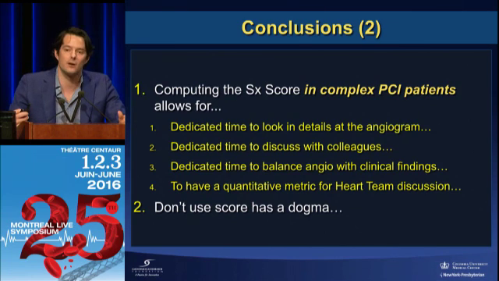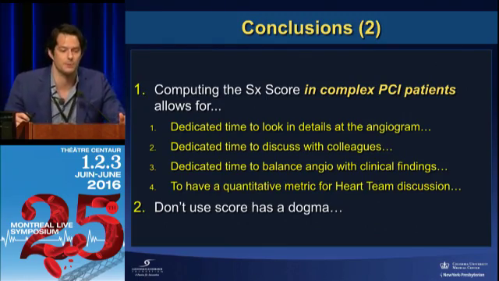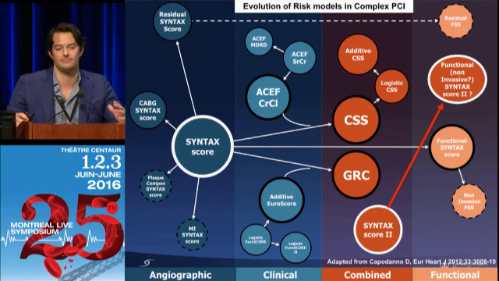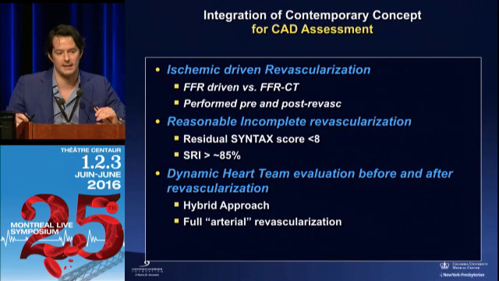For me, I think the computation of the score does one thing that is very good, is we start to think, and we discuss. And to do that in a heart team would be better, because we can really talk with the surgeon about what will be the best approach. And I think the last frontier would be to do the functional SYNTAX score 2, non-invasive, and be able to compute the residual functional SYNTAX score 2, and so on.